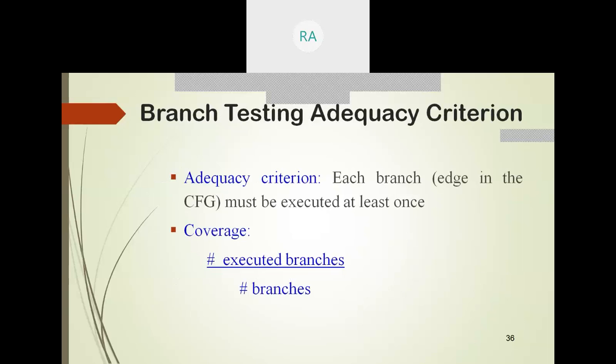That is the coverage formula for branch testing. The adequacy criterion for branch testing is that each branch of a conditional statement present in the CFG, the control flow graph, must be executed at least once.